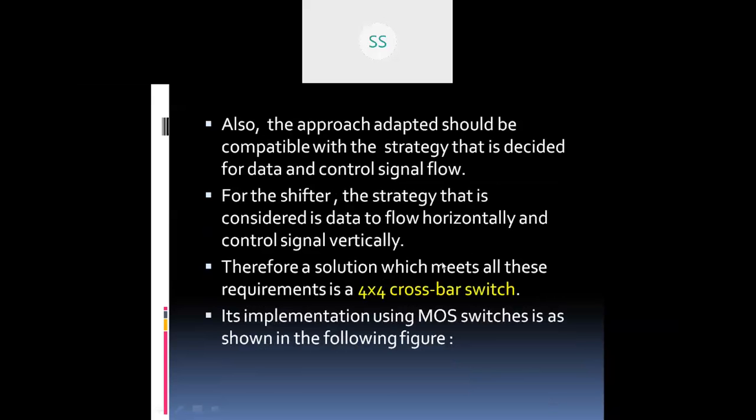One more important consideration in these designs is the approach adopted. Whatever approach we choose should be compatible with the strategy decided for data and control signal flow, that is, how we make the data flow and how we use the control signals. The flow of data as well as control signals should be compatible with the strategy previously decided.